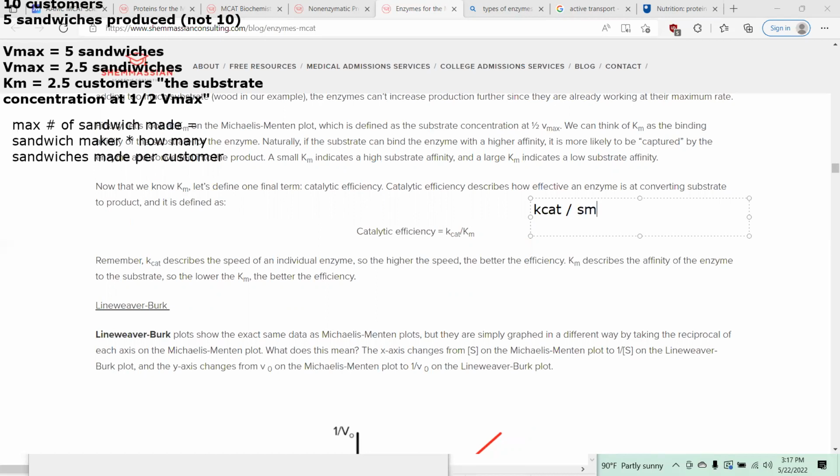If it's a very small Km in the denominator, then this overall thing is going to be large, because it's an inverse relationship. If the denominator decreases, then the product increases. Oh, sorry, wait. Let me put it over the equation so it makes a little more sense. Or under the equation.